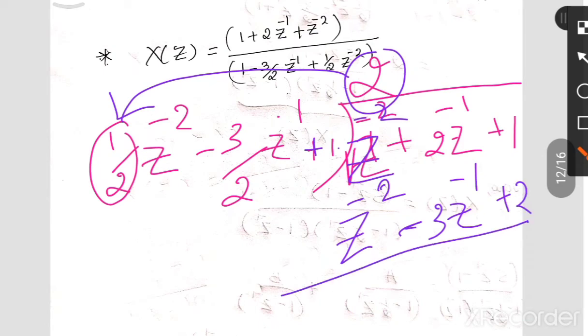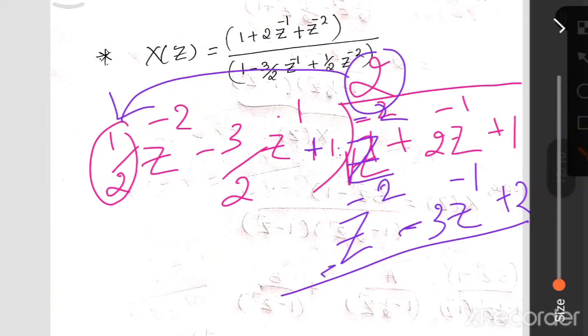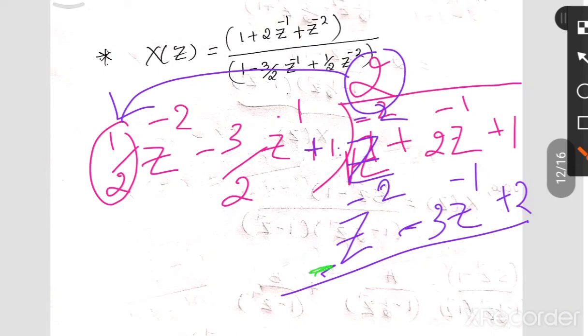So just simplify this. Here plus plus is there, change the sign of it, minus, change the sign of this, it will be minus, here it will be plus and it will be minus. So z square minus z square will get cancelled. 2z raised to minus 1 plus 3z raised to minus 1 is 5 z raised to minus 1, plus 1 minus 2 is minus 1.